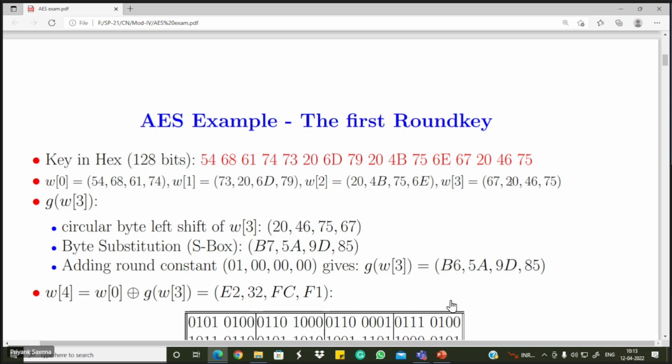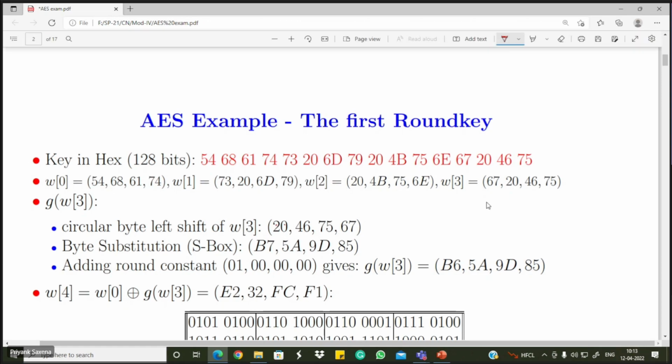Okay, so we get this 20, 46, once shifted left, and then a byte substitution. Byte substitution is performed on the hex values. I have these two numbers, two digits. The leftmost says about the row, and the rightmost says about the column.